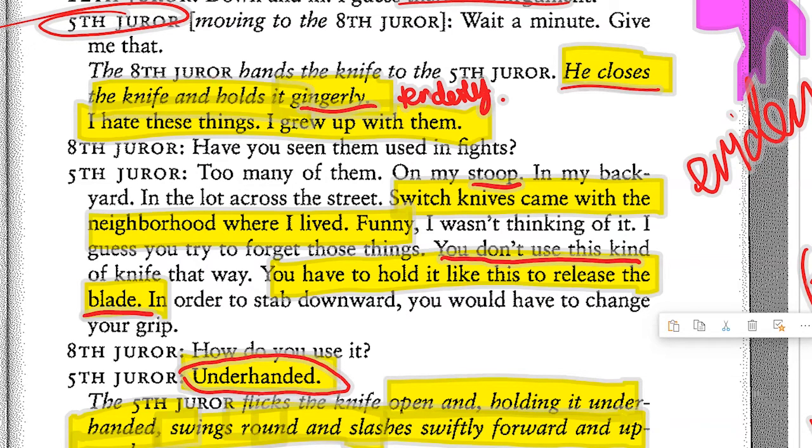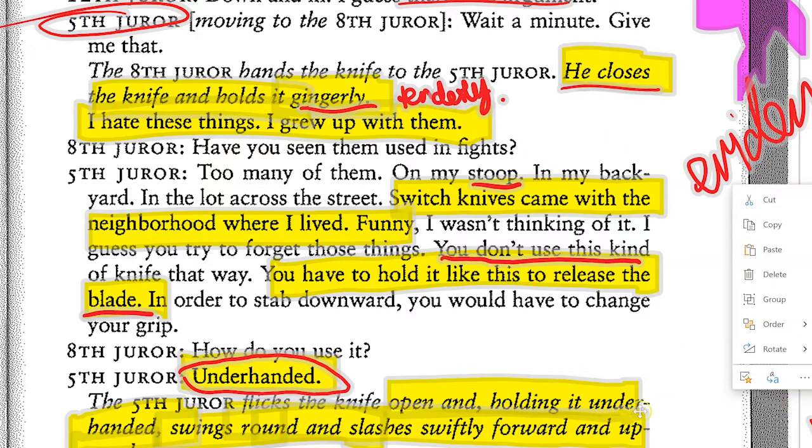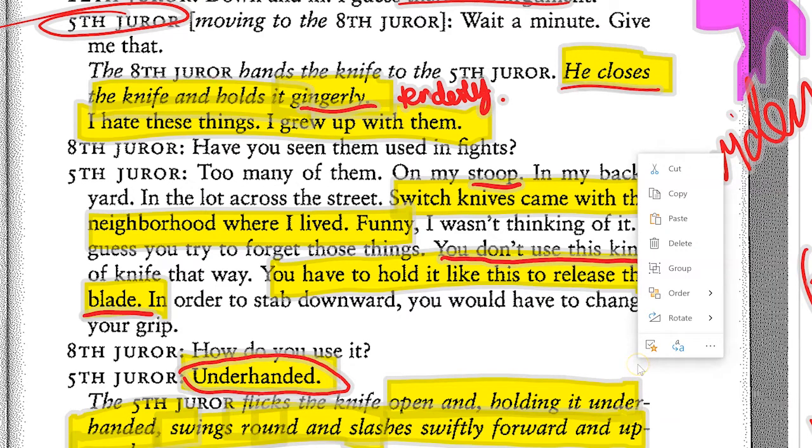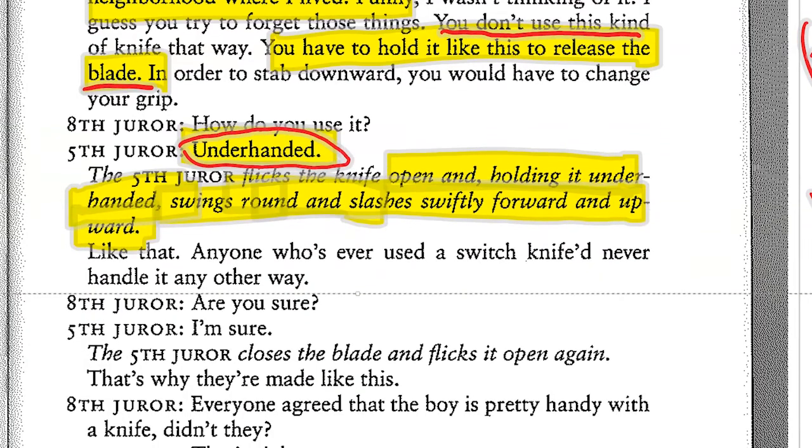You have to hold it like this to release the blade. If you wanted to stab downwards, you would have to change your grip. Well, how do you use it? Underhanded. The 5th juror holds the knife open and swings it forward and upwards. Anyone who's ever used a switch knife would never handle it any other way, he says.